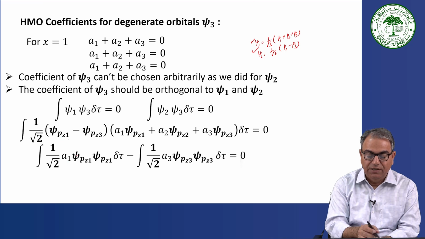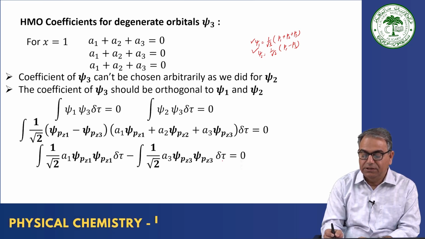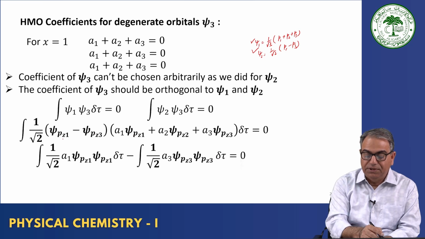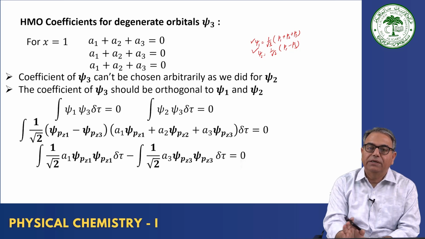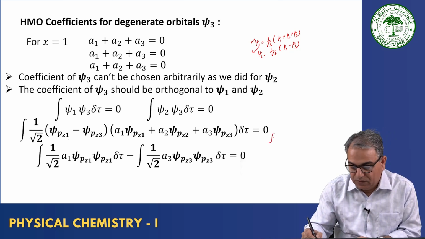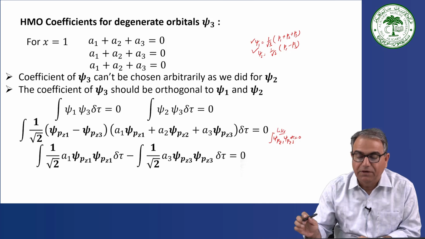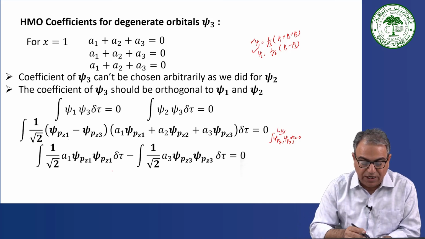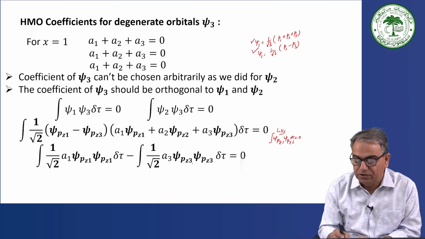Terms like pz1 with pz2 and pz1 with pz3 become 0 because the integral is orthogonal. The remaining terms are normalization integrals, which equal 1.